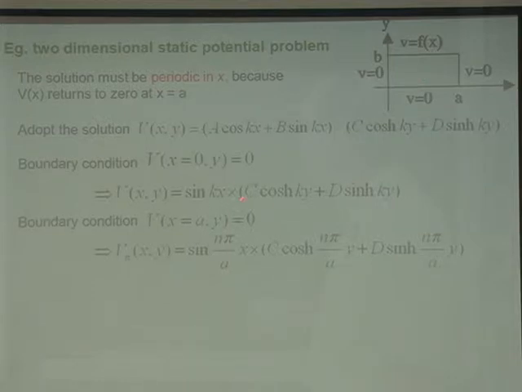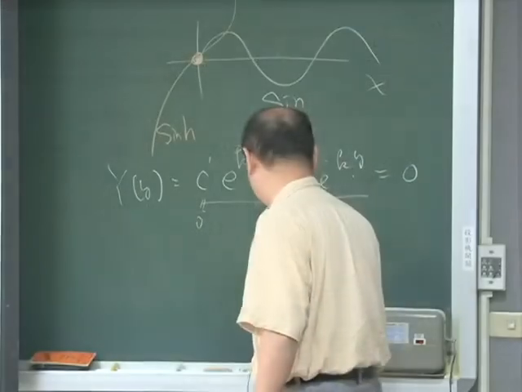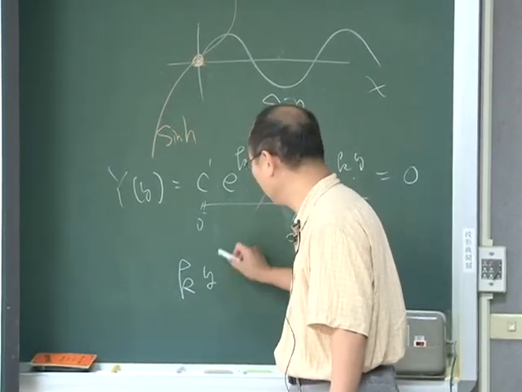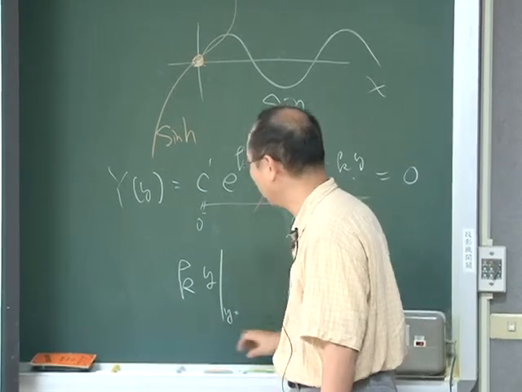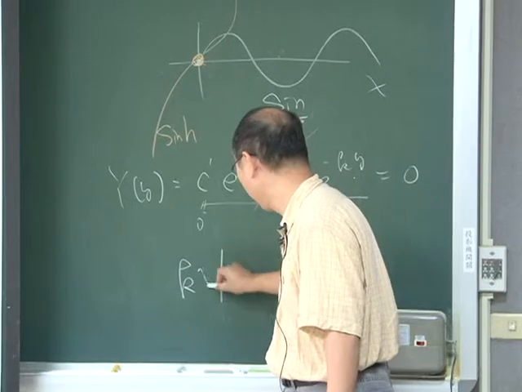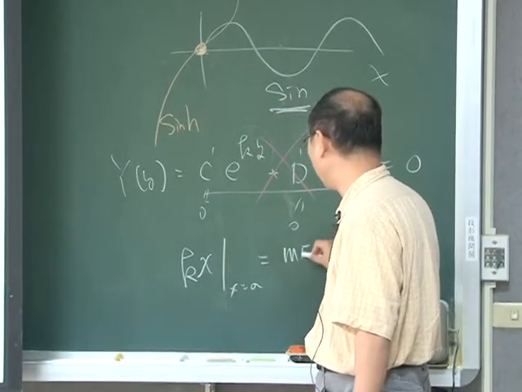So if you look at this, when x equals a, no matter what the value of this y dependency is, you have to be equal to 0. So this means that kx, when x equals a, has to be equal to m pi.